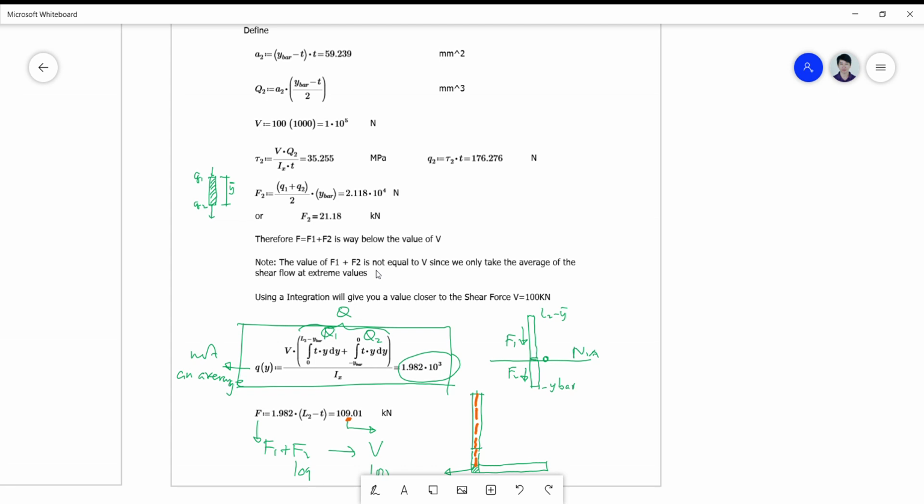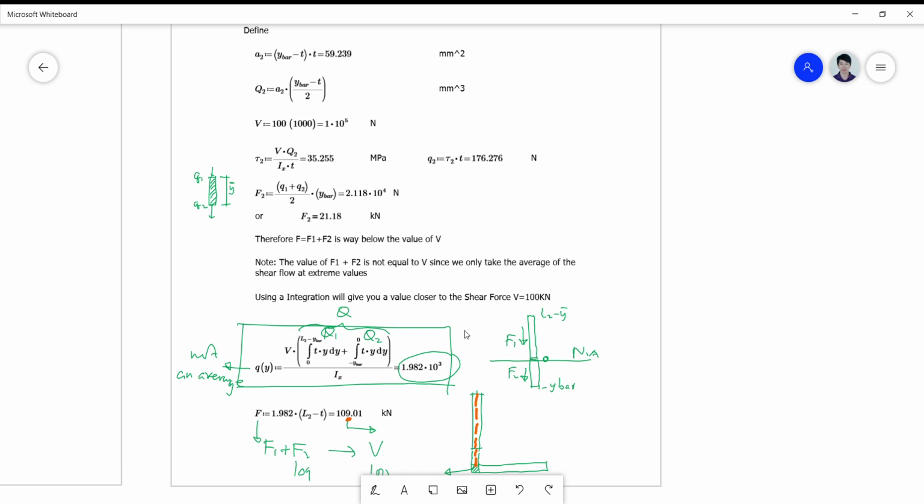Okay, so don't worry, class. This is just to give you additional information on how shear flow works, for you to be able to understand what shear center is all about. But in your computation for the lateral torsional buckling, you don't need to compute for F1, F2, etc. You just need to remember how the shear flow concepts work in very basic angle shapes, steel shapes.